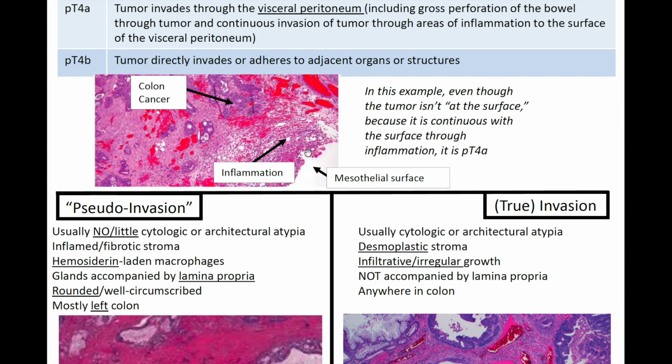and you would think those aren't quite touching, right? But the only thing between that is just inflammation. So there's no real integrity of the tissue to prevent this cancer from essentially being on the surface, right? So when the only thing that is between the surface and the tumor itself is inflammation, that's considered at the surface, or enough to be pT4a.